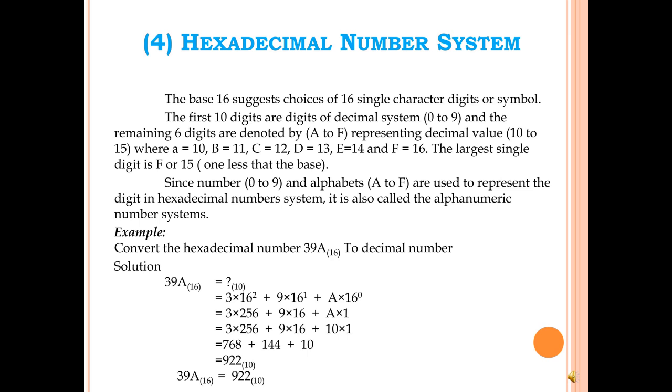The largest single digit is F or 15, one less than the base, as I discussed at the start.